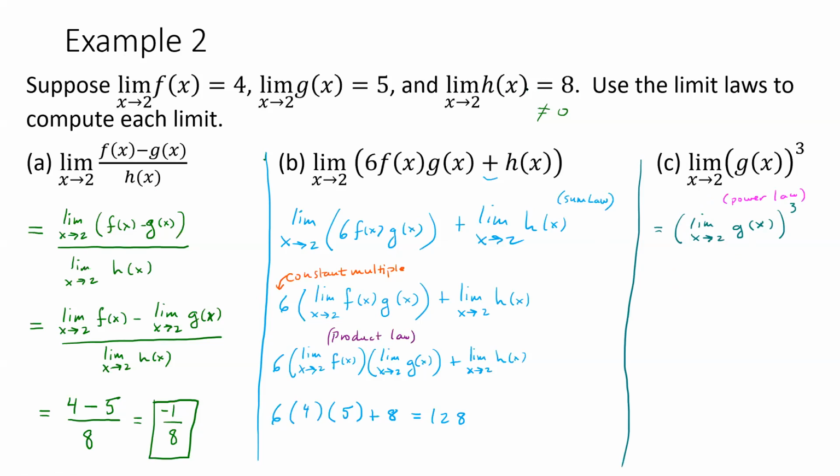Okay, and then g of x was 5, right? So this is going to be 5 to the power of 3, or what is that? 125, I think. Okay. Do you guys have any questions about those?